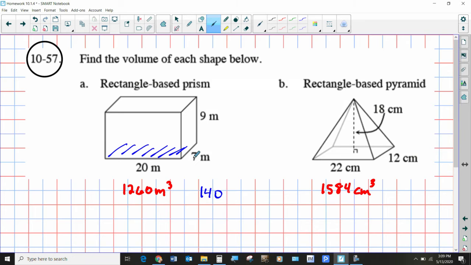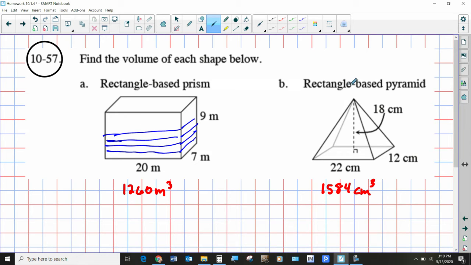Then multiply that times the height of 9, which gives you 1,260. If we were to break this up into cubic meters, there'd be 140 cubic meters in this first layer, and then we have a total of 9 layers going up for a total of 1,260 total cubes in this box.